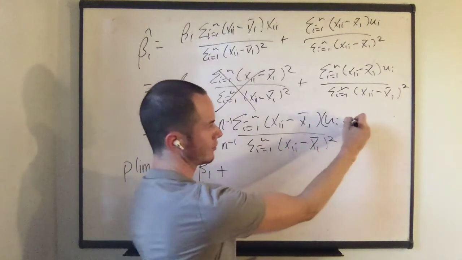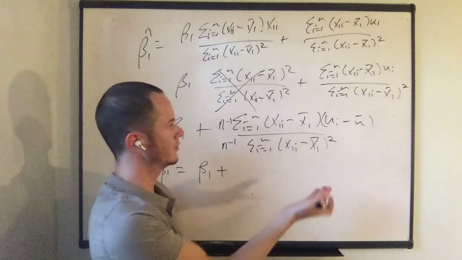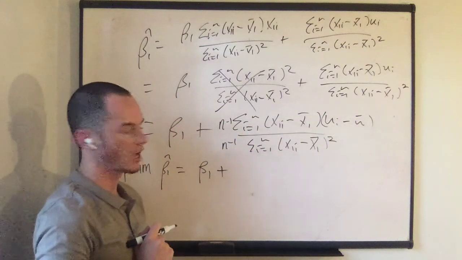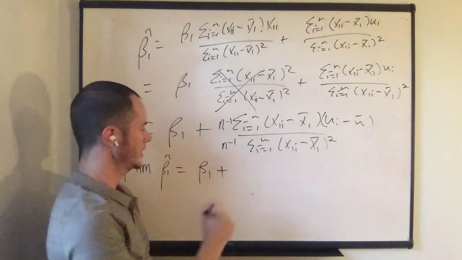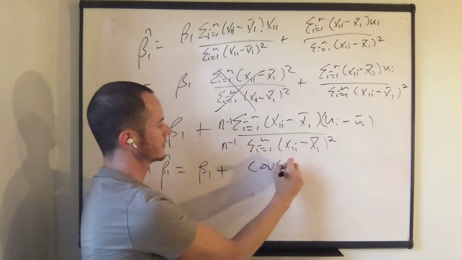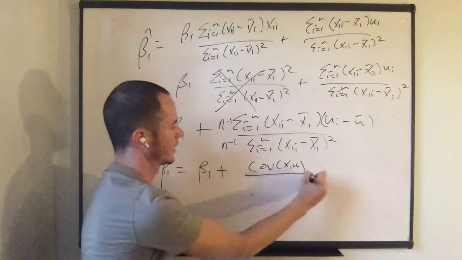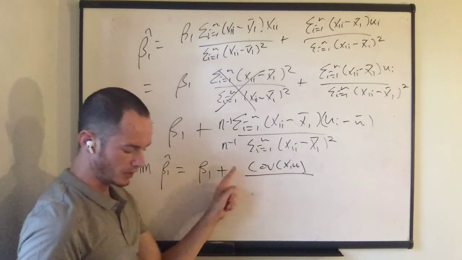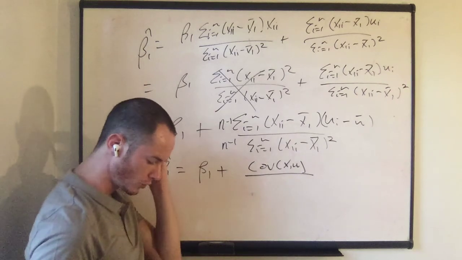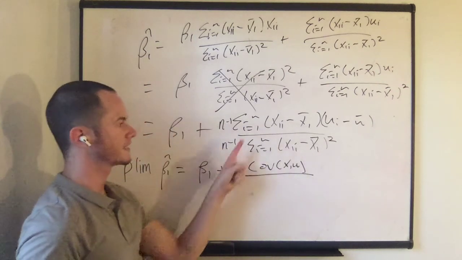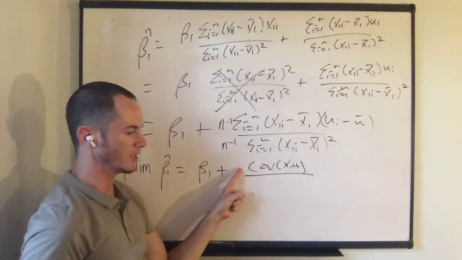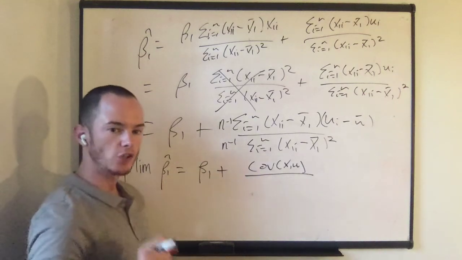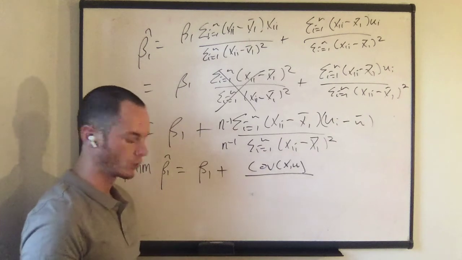I mean, you could write ui minus u bar, but u bar is 0. This is the covariance of x and u, right? Covariance of x, u. And we're writing this in terms of the population quantity. We're concluding that in probability, the sample statistic converges to the population quantity, and we are employing the law of large numbers to make that conclusion.